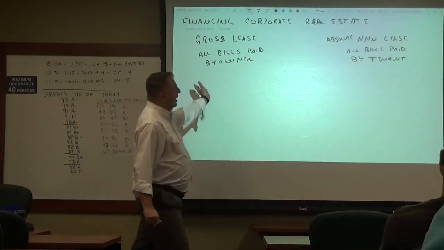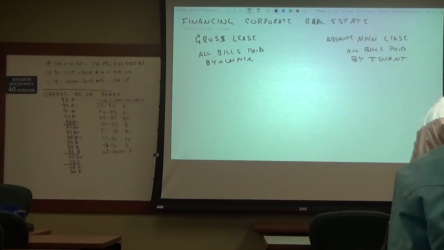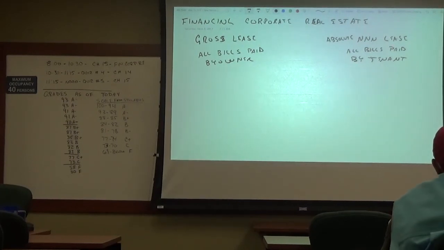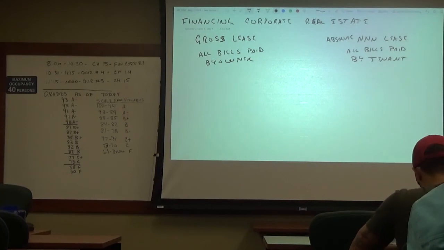So on the other side of the table, the absolute triple net, these are beautiful if you're the kind of owner that doesn't want to have to think at all about the property that you own. Meaning you're just sitting back, collecting checks from now until whenever.